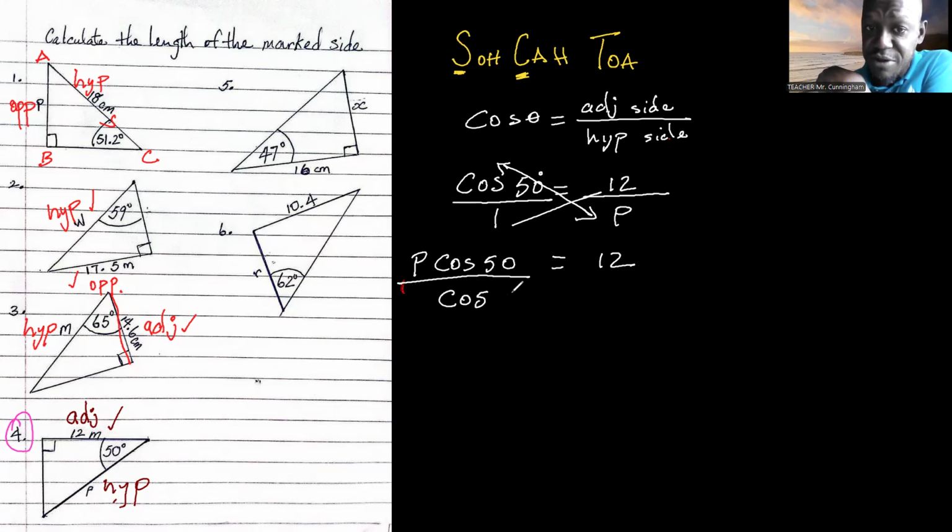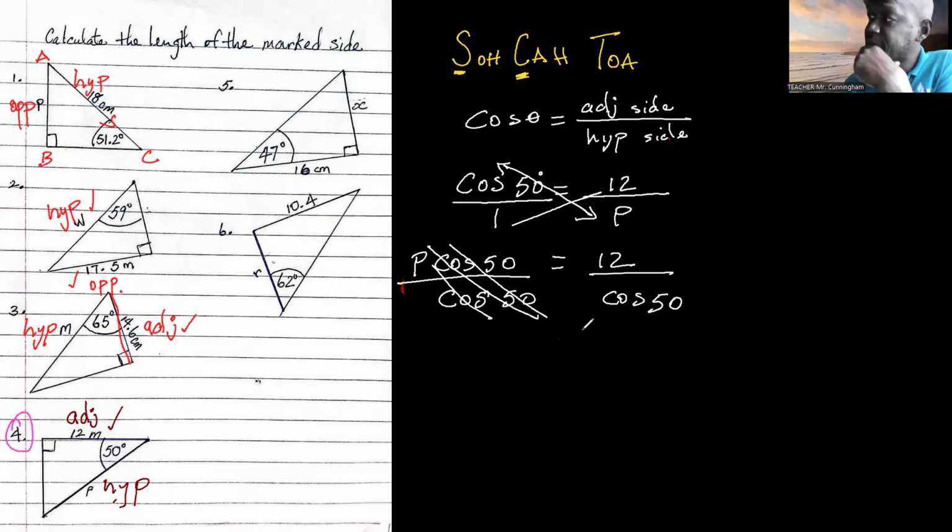Cos 50, correct. 12 over cos 50. Whatever you do on one side, you do on the next side. So, Harrison, cos 50 divided by cos 50 is how much? 1. So that's 1P. So we need to find out what is 12 over cos 50.